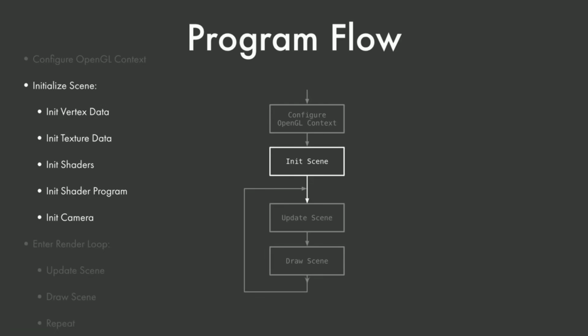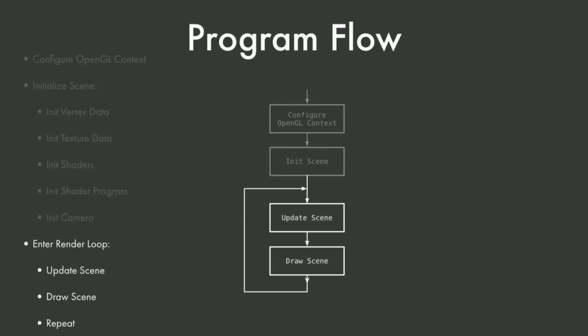We're going to look at that in more detail. But after you have initialized your scene, you enter your render loop. The render loop is really just update the scene with user input, or just because some time has elapsed for animation, and then redraw the scene and start all over again around 60 times per second.